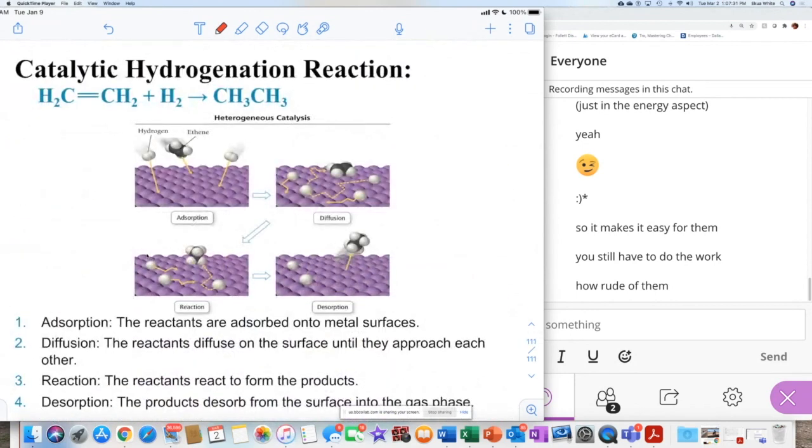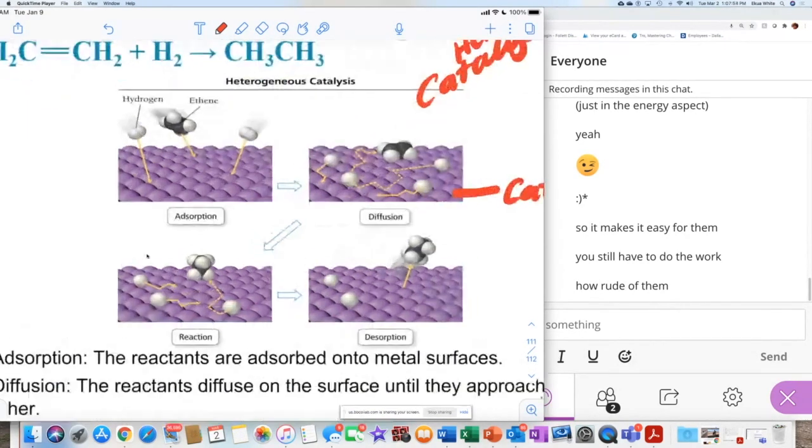This one shows the catalyst working as a matchmaker. I like this one because it ends on a nice note, a story, right? You can see right here, this is a heterogeneous catalyst in operation.